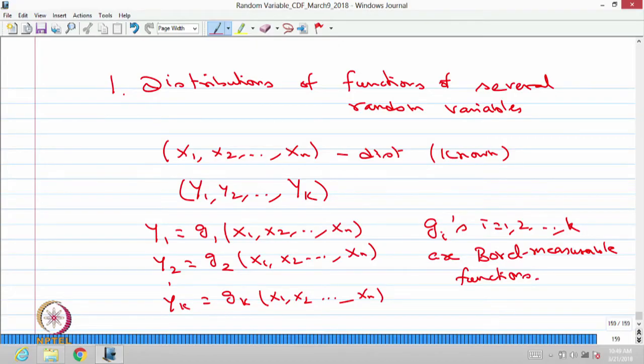Therefore, when xi's are known with the distribution and gi's are Borel measurable functions, then yi's are going to be random variables. Therefore, y1, y2, yk is a k-dimensional random variable. The question is how to find the distribution of yi's. That I am going to give as the result.